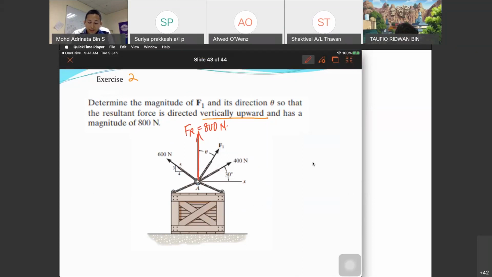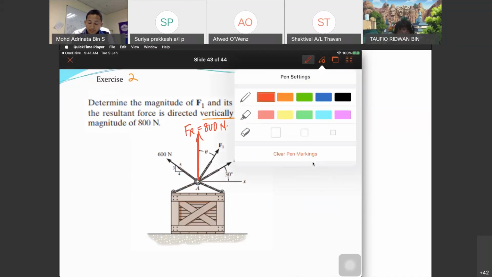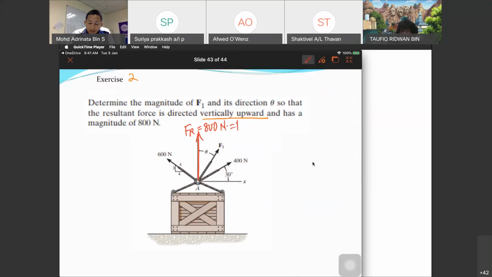This Fr is actually Fy. When Fy is 800 Newton vertically upward, there is no Fx.